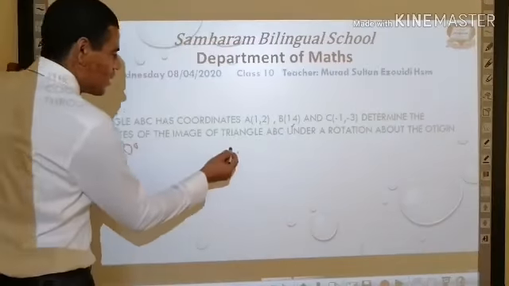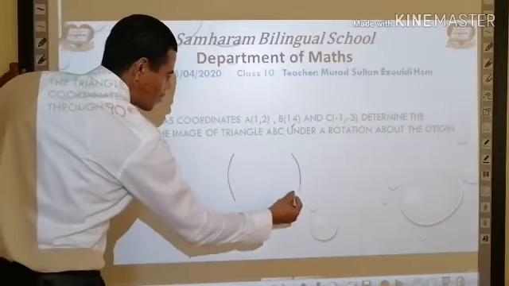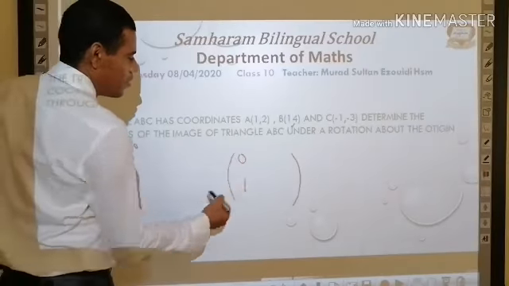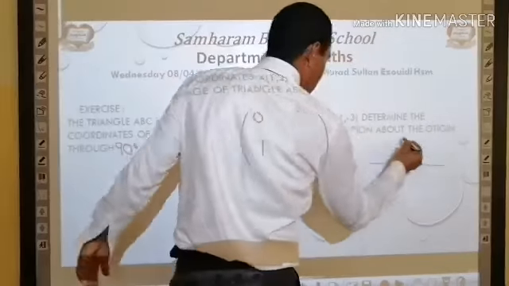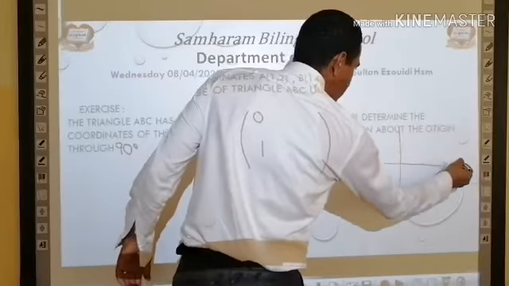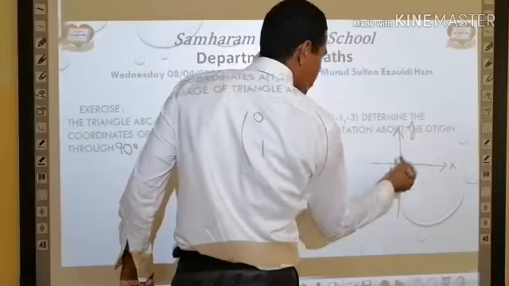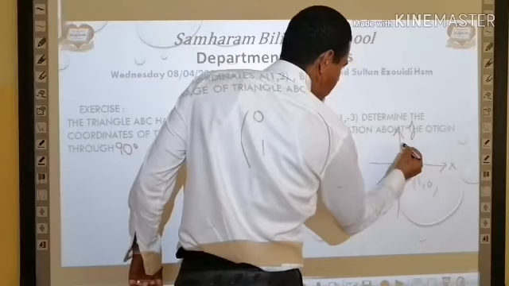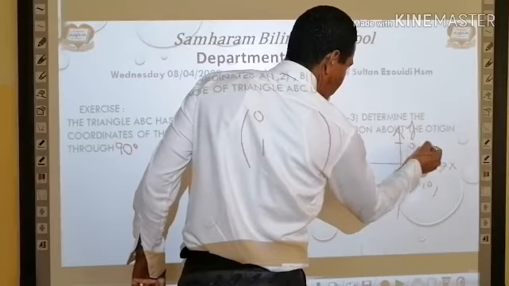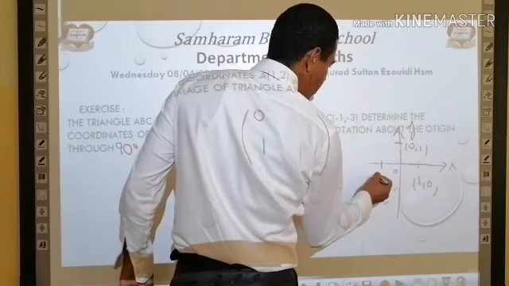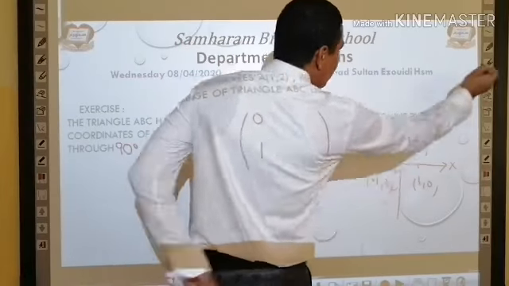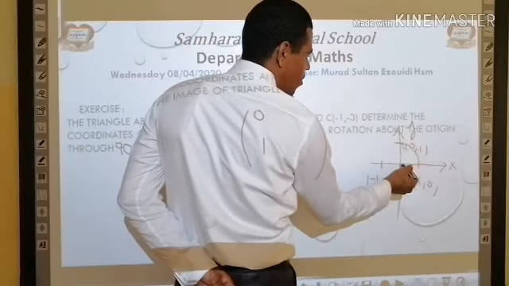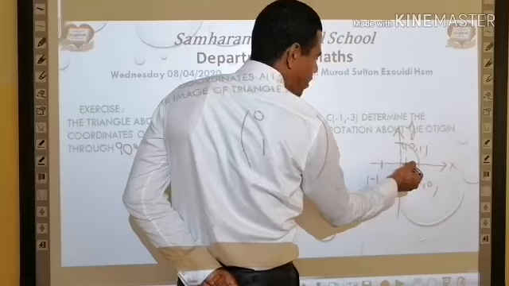So the matrix is what? For rotation, of course. Look, this is the x-axis. This is y. This is 1, 0. This is 0, 1. And this is negative 1, 0. We said this point is transformed here about the center through 90 degrees.